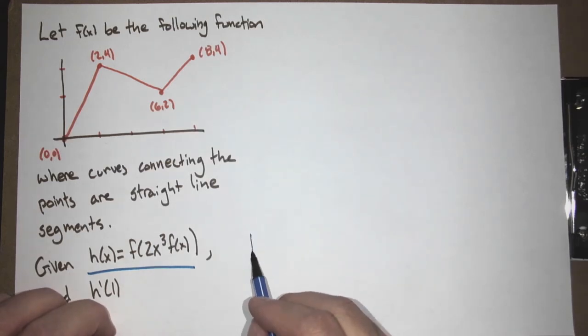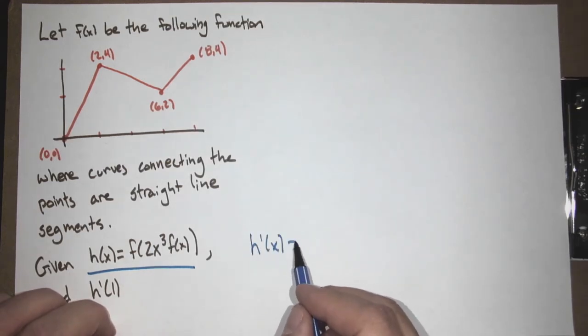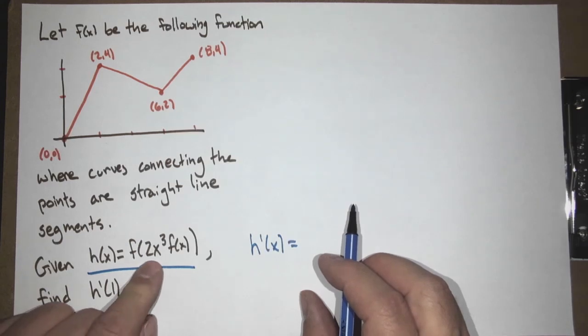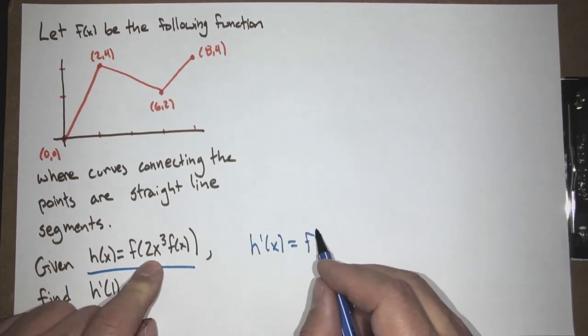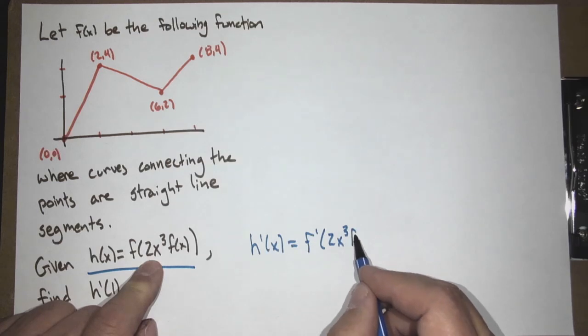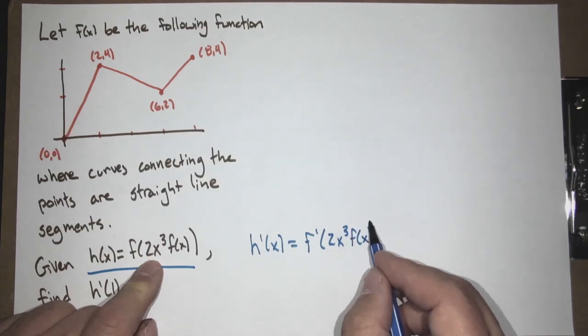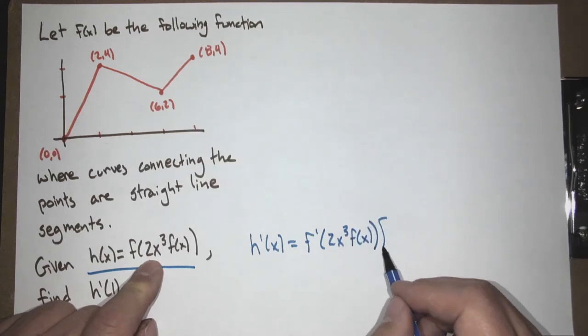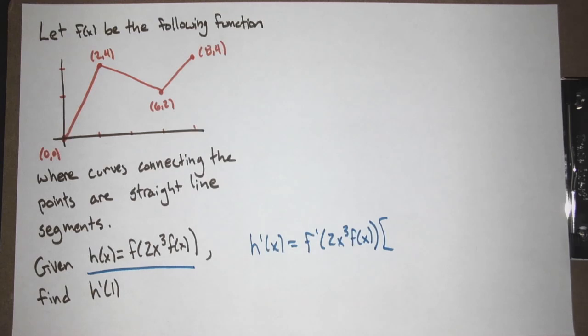So h prime of x is the derivative of the outside. It's f prime. We leave the inside alone. Leave it alone. Times. All right, what comes next?